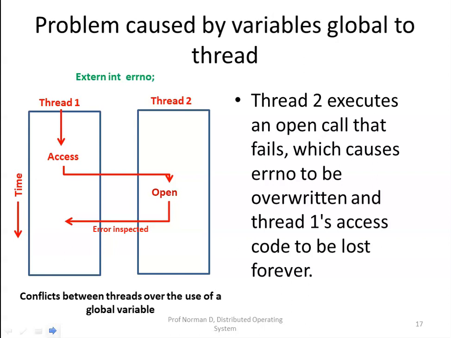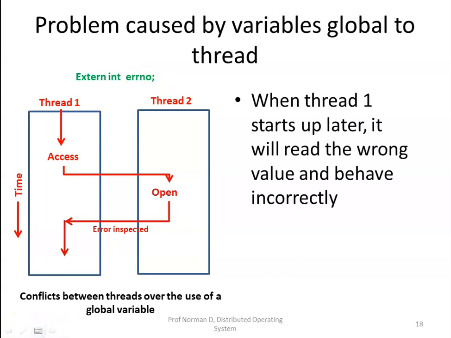Now thread 2 executes an open call that fails, which causes error number to be overwritten and thread 1's access code to be lost forever. When thread 1 starts up later, it will read the wrong value and behave incorrectly. So this is the problem caused by a variable global to the thread.